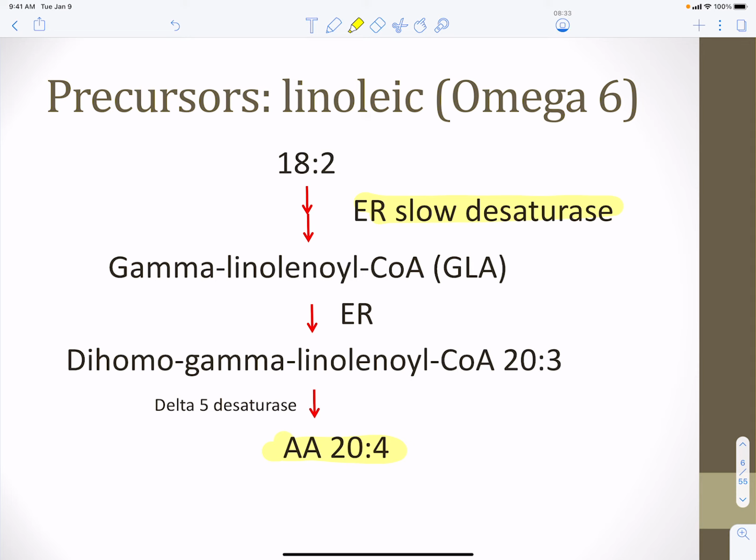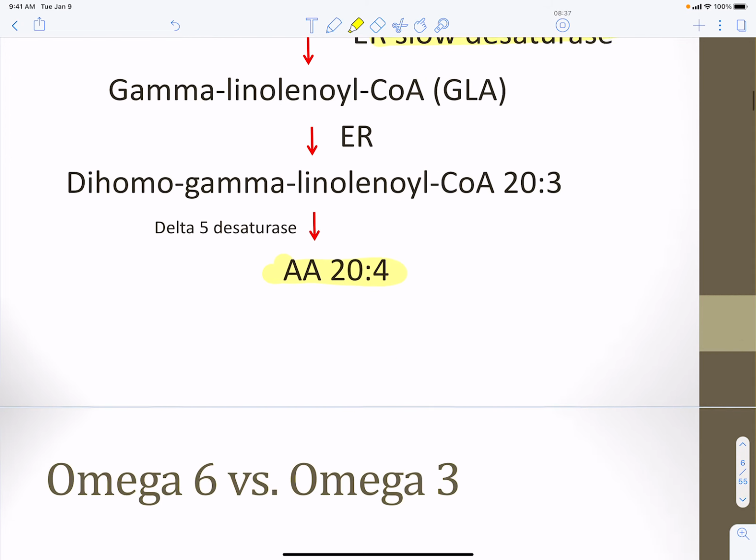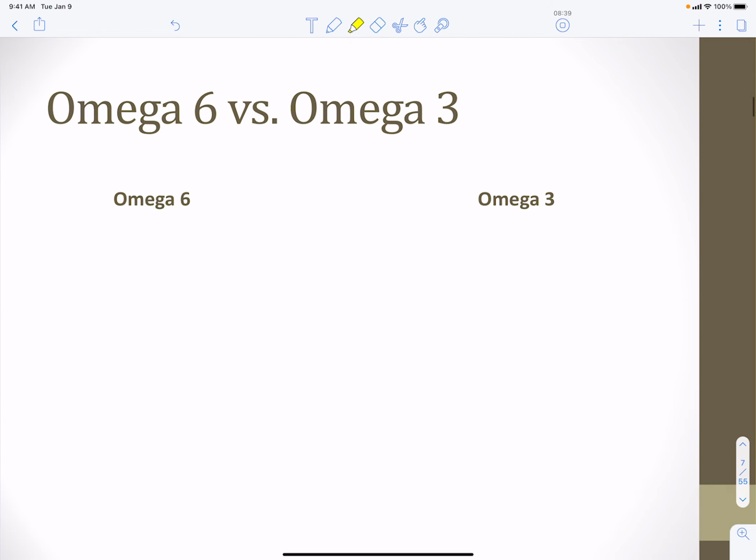So arachidonic acid comes from your omega-6 fatty acid. Now, some differences between omega-6 and omega-3 are in their pro-inflammatory or anti-inflammatory functions. With omega-6, you're going to mostly have incorporation into membranes.